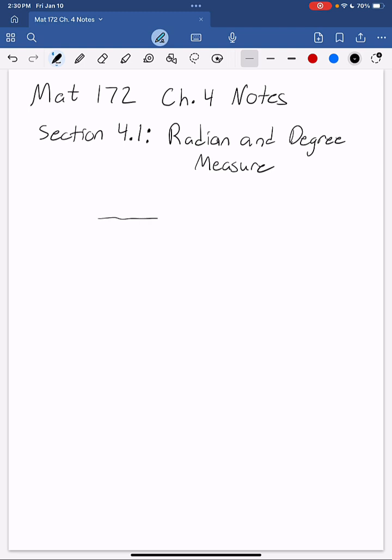Let's say we have a ray that does this, and then we're going to open this up to another ray of equal length, so it'll be a little bit longer like that. All right, so the side that we started with is referred to as the initial side.